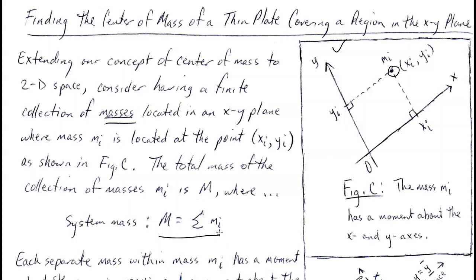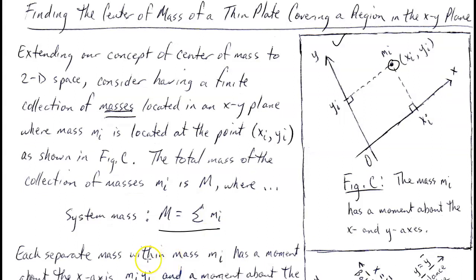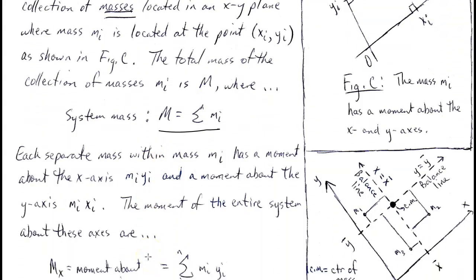Again, depending upon the location on this thin plate, that would let us know what that mass would be. Each separate mass m sub i has a moment about the x-axis, which we refer to as m sub i times y sub i.